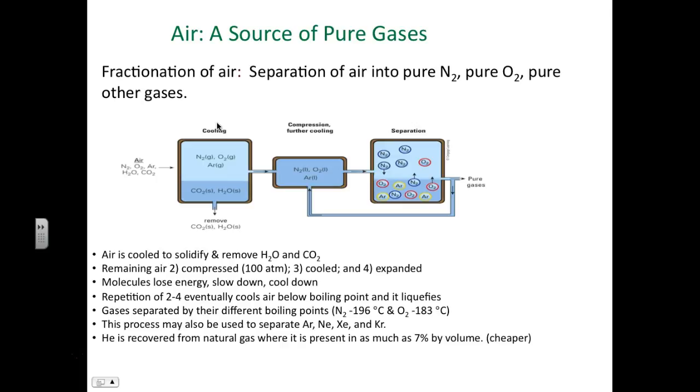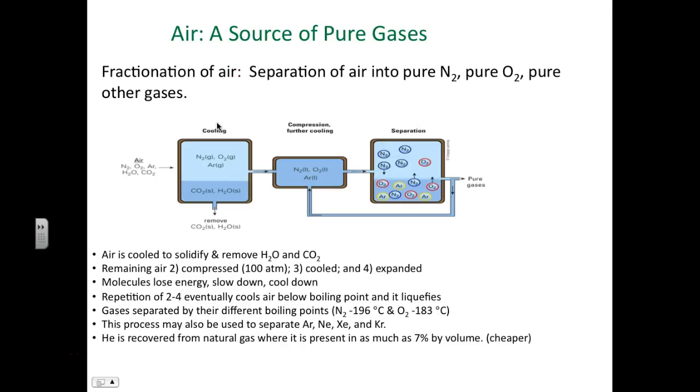Then it's really easy to separate the gases because each gas has its own boiling point. All we have to do is raise the temperature slightly to different boiling points. For example, if you raise the temperature a little bit at negative 196 degrees Celsius, the nitrogen will turn to a gas and separate from the liquid.